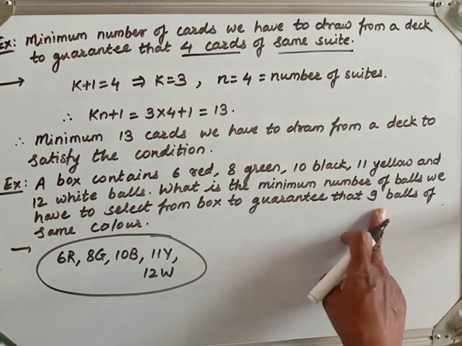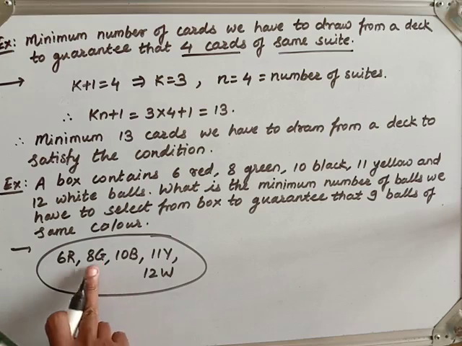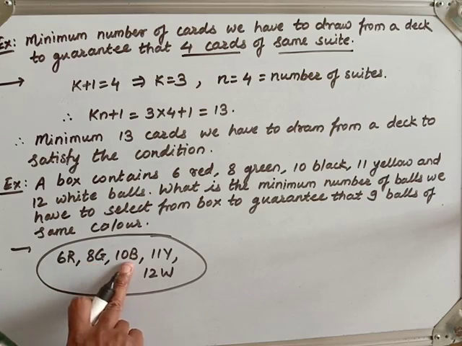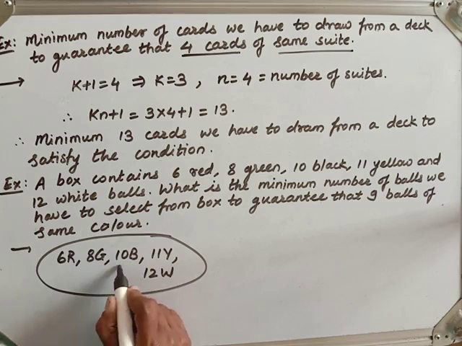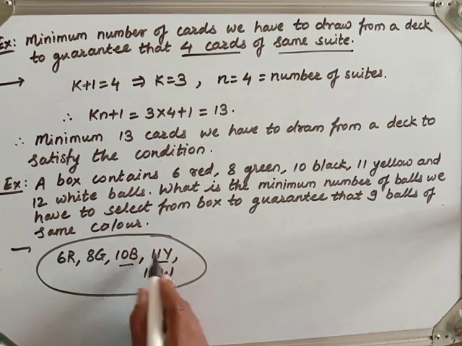What is the condition? 9 balls of the same color. Again, if we draw all green, then also it doesn't satisfy our condition. If we draw 10 black, then it will satisfy the condition, that the 9 balls are of the same color.